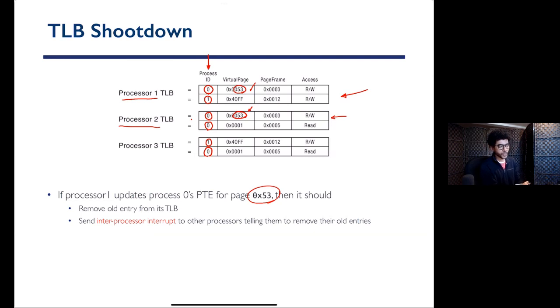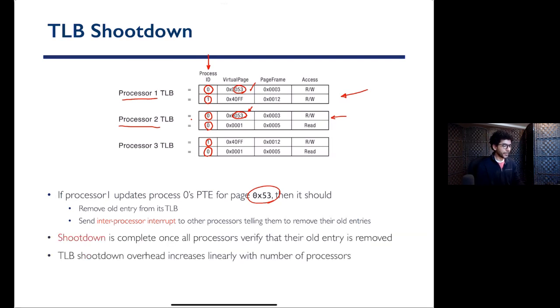So to avoid this, we do a shoot down. What is a shoot down? A shoot down is basically one processor notifying other processors that a page table entry has been updated. When the other processors receive this message, this interprocessor interrupt, they will shoot down this entry.